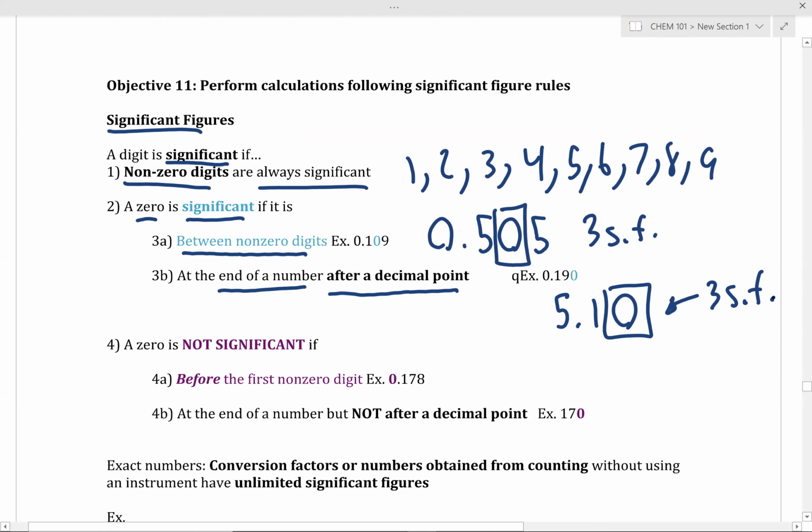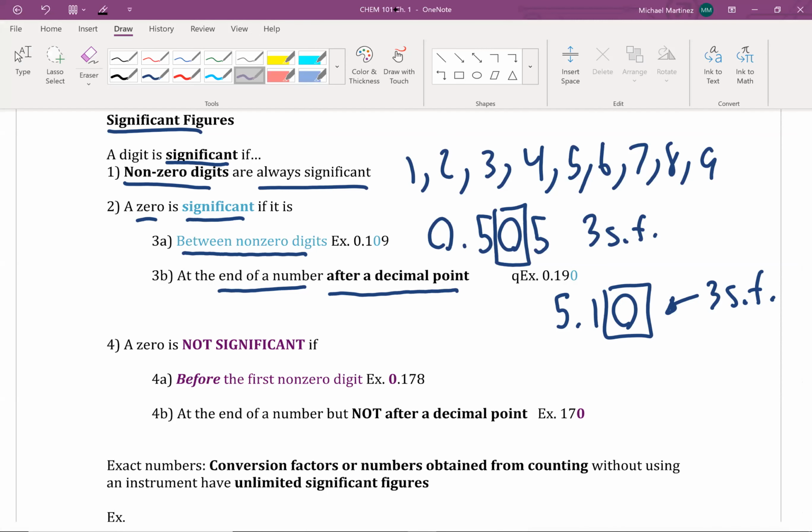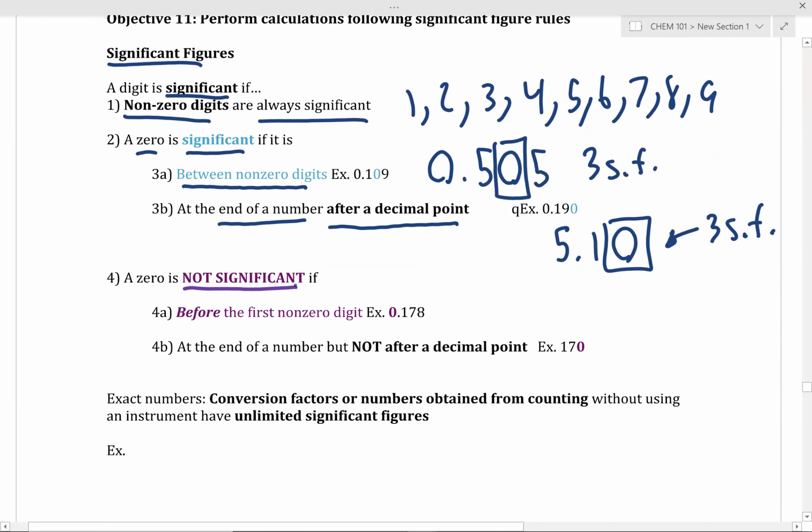So this would have 3 sig figs. Now, let's discuss the cases when a 0 is not significant, and let's change pen color for that. So a 0 is not significant if either of these criteria are met. If it's before the first non-zero digit, for example, 0.05.